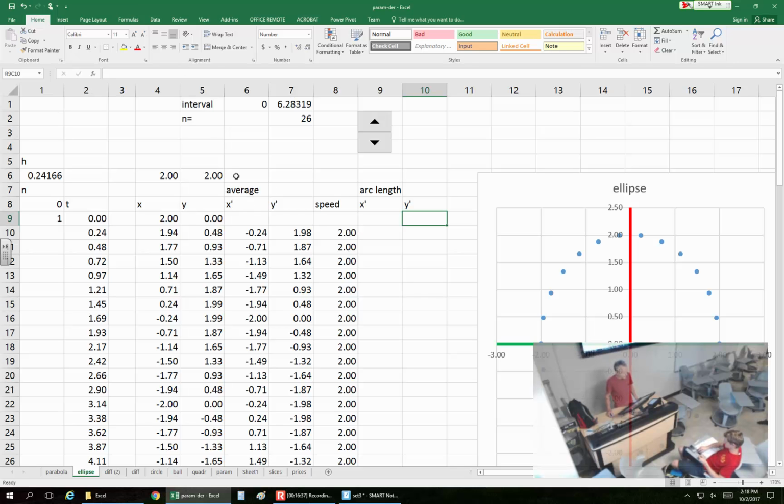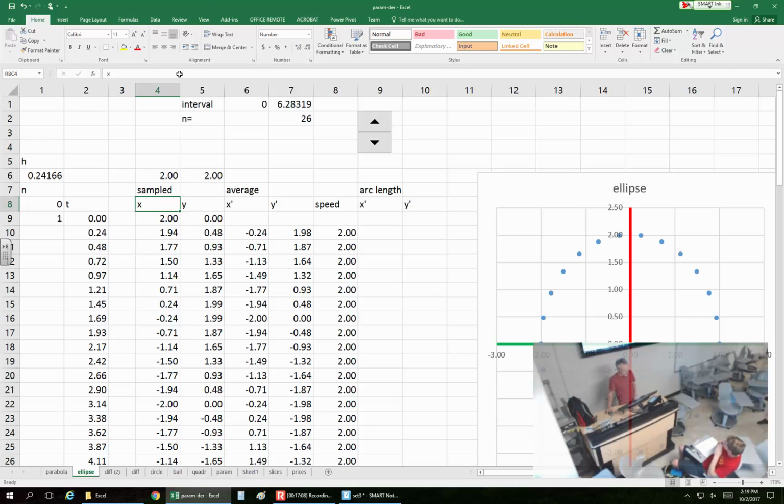Okay, then we're computing average velocity, so this is a sample. The x and y are sampled parameter curves, so as you can see we end up with only a few dots.